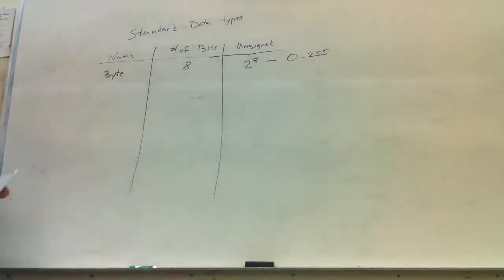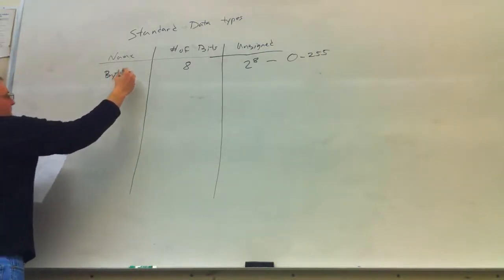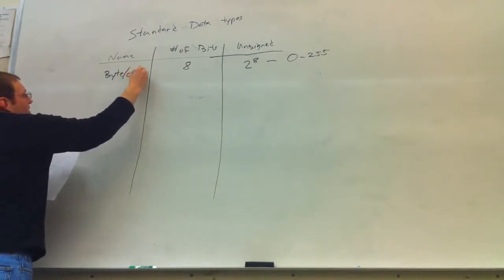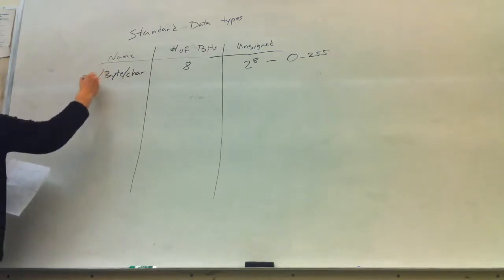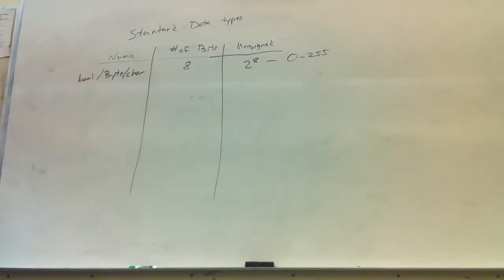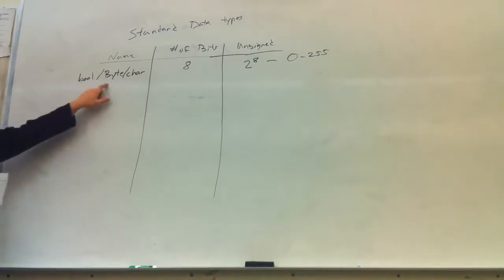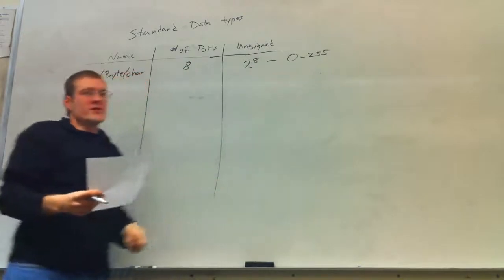So a byte, a char in regular programming, and a bool. This is what we use for bools, bytes, and chars. They're all 8 bits, and they go from 0 to 255.